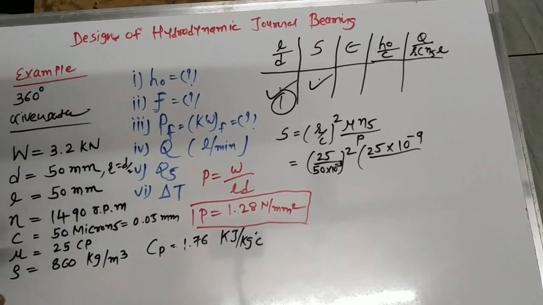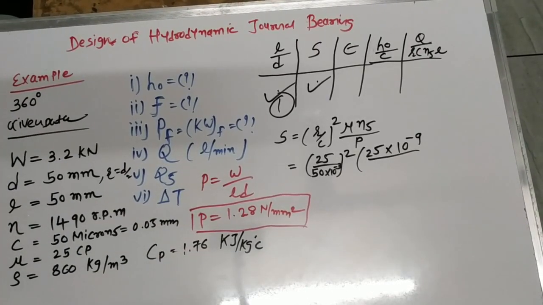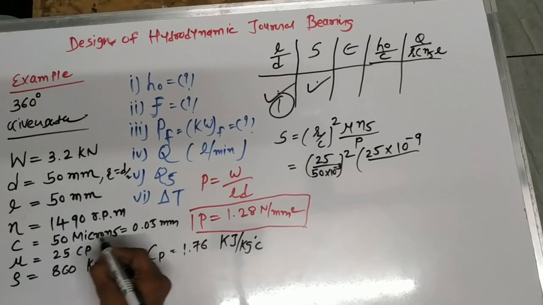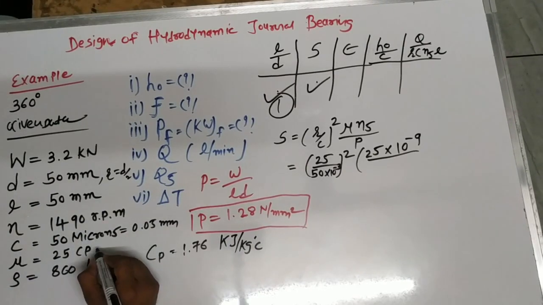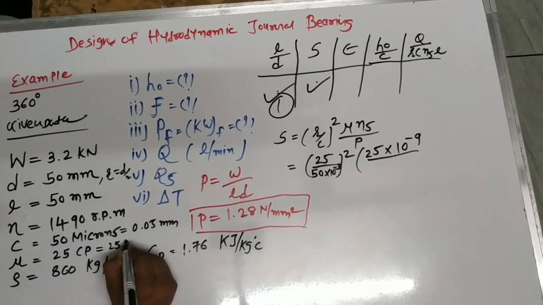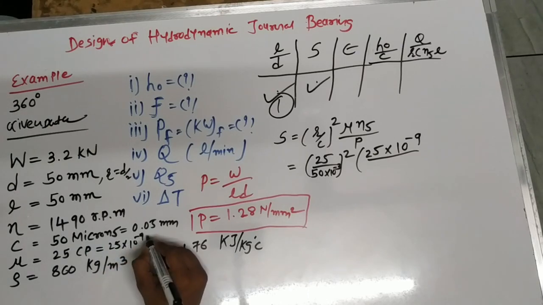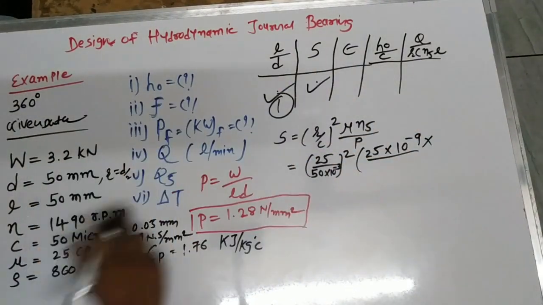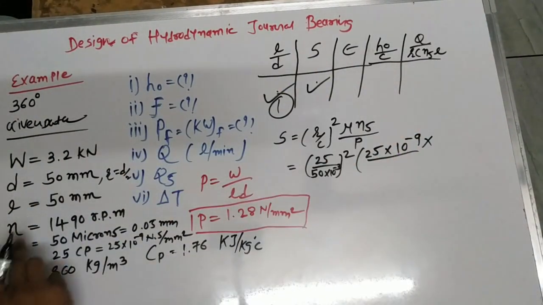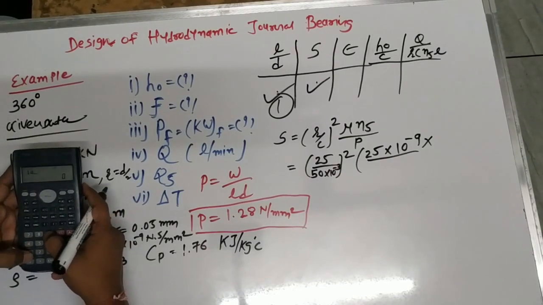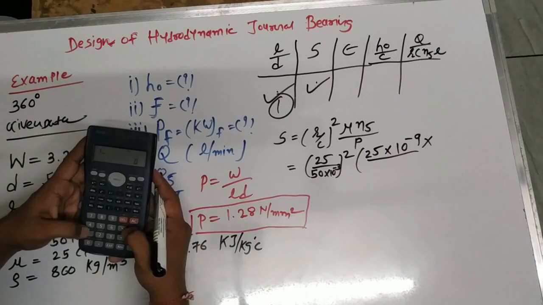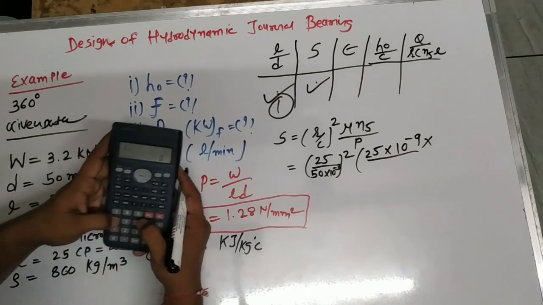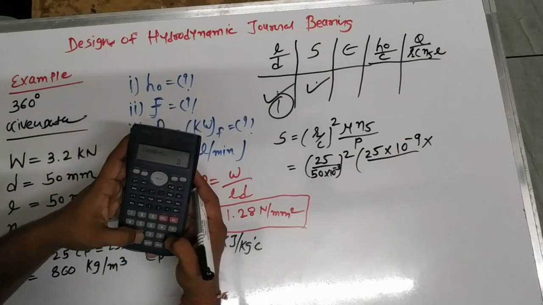The viscosity mu we can convert from centipoise to Newton second per mm square, so that is 25 into 10 raised to minus 9 Newton second per mm square. We write that over here as mu. The speed we require in RPS, but here the speed is in RPM, so we simply divide 1490 by 60.